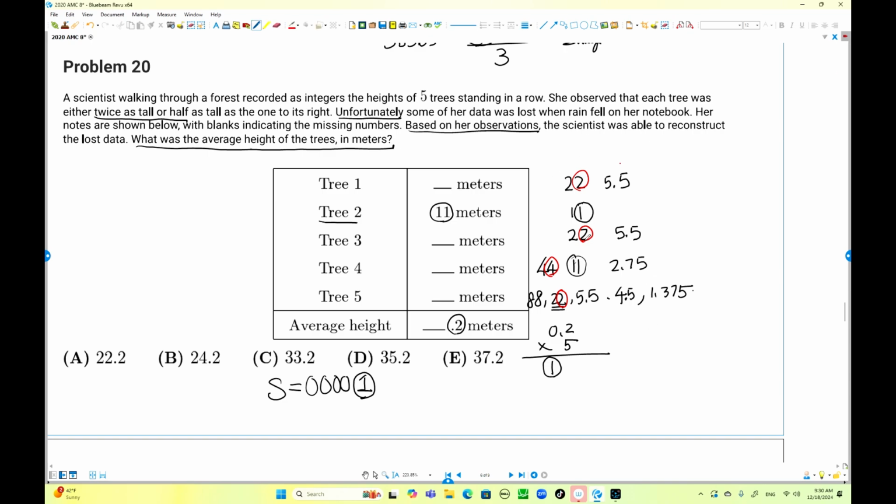So 22 plus 22 plus 22, total is 3 of this one, 66. And another 44, 11 is 55. Total is 121, right? So 121 divided by 5: 2, 10, 21, 4, 20, 10, and 24.2 is the answer, okay?